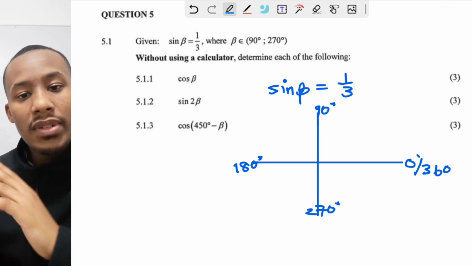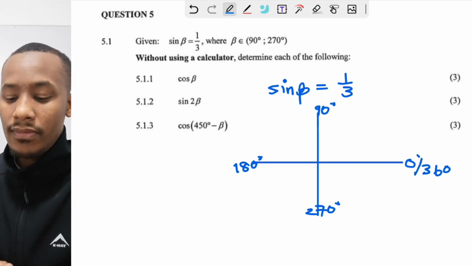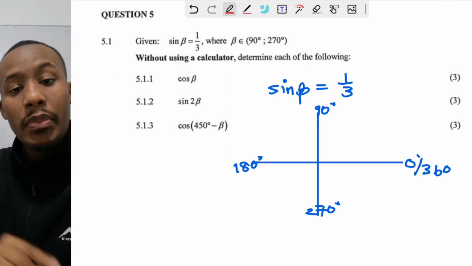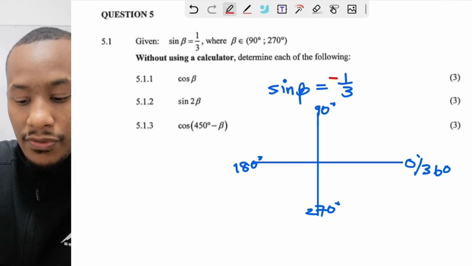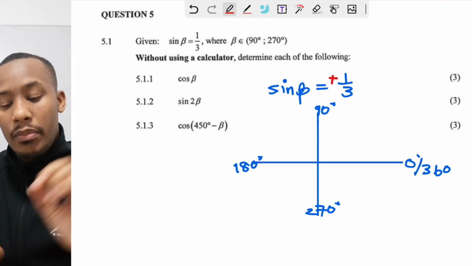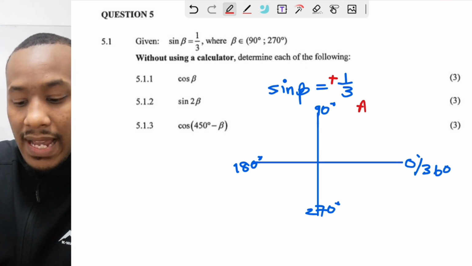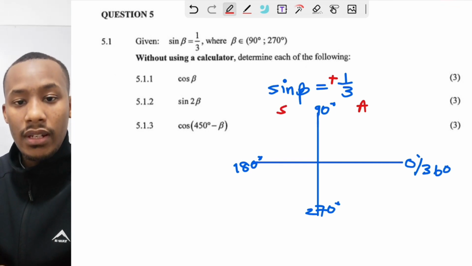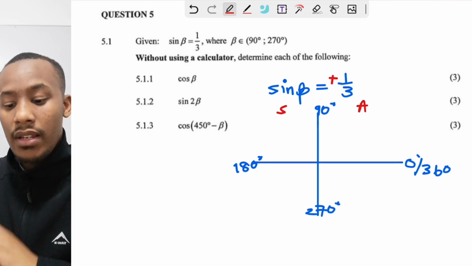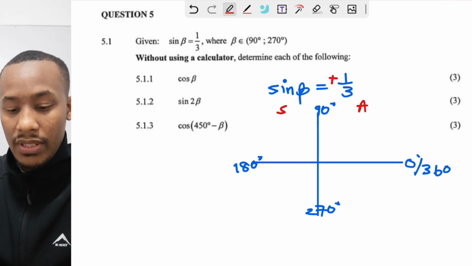So somewhere between there would be the second and third. Also, we note that sine beta is equal to positive 1/3, and sine is only positive in the first and second quadrant. We know it can't be the first because it has to be greater than 90 degrees. So it is in the second quadrant.